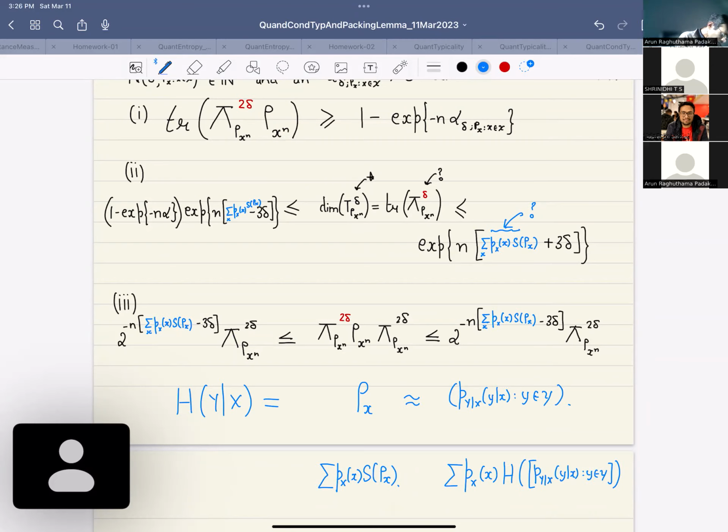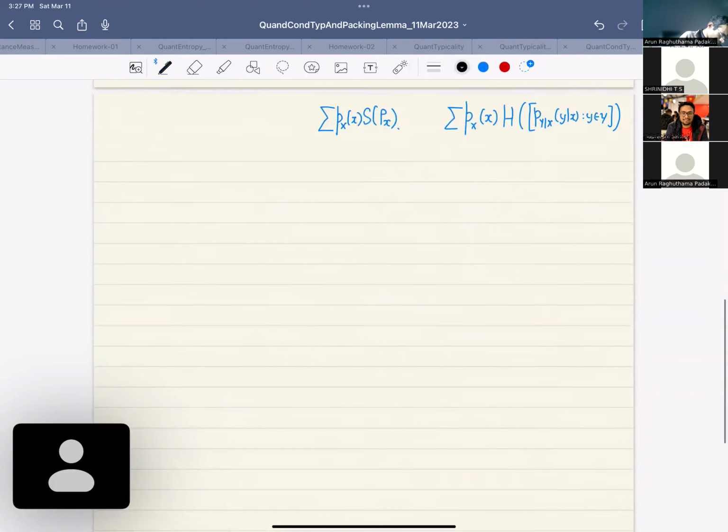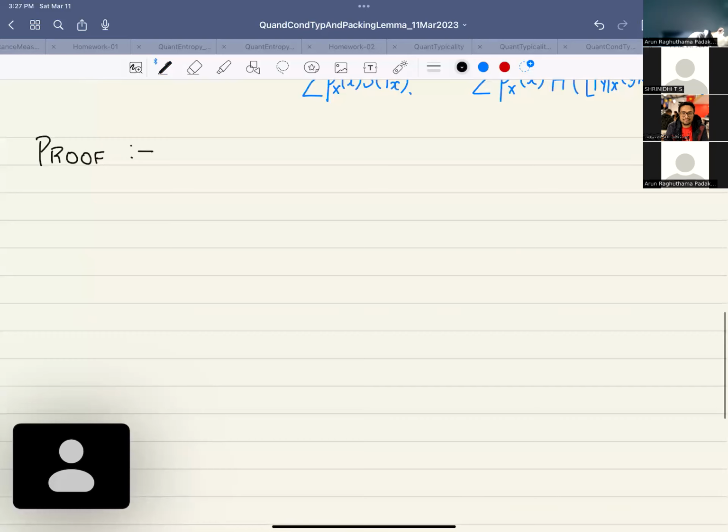Actually, the proof of the first part also boils down to the proof of the classical conditional typicality, the hard question. So, the proof. We are given rho x, essentially.